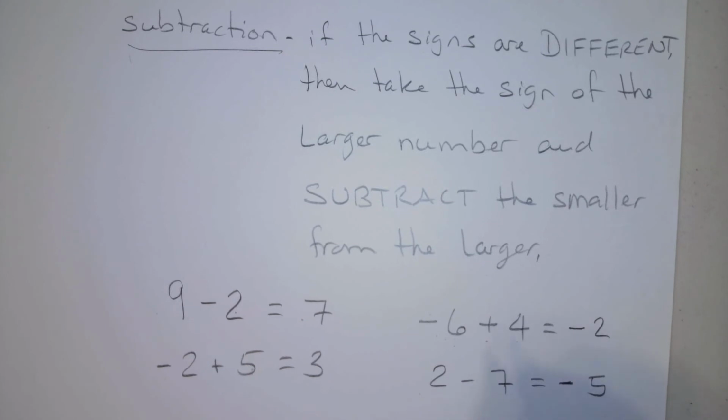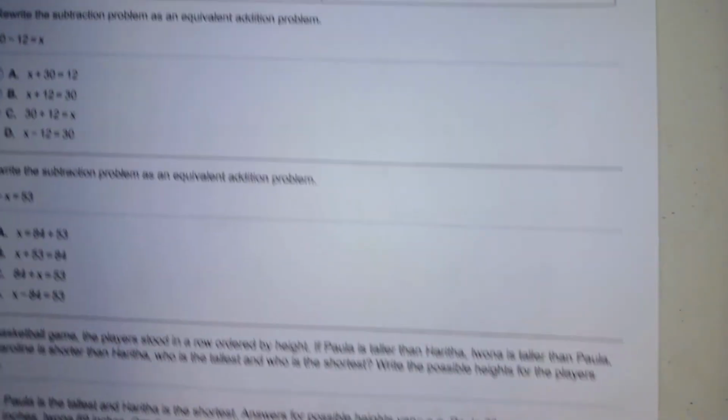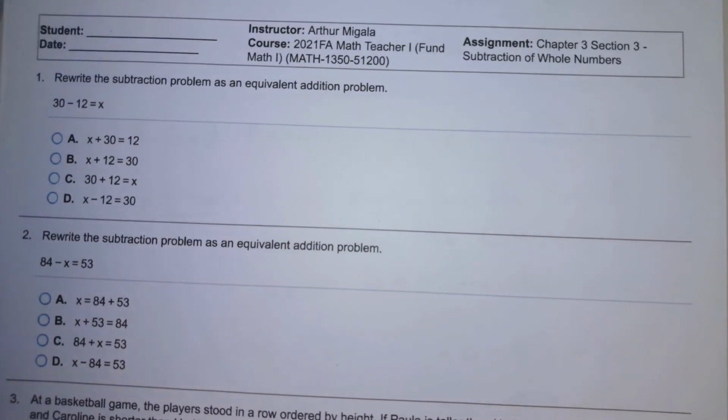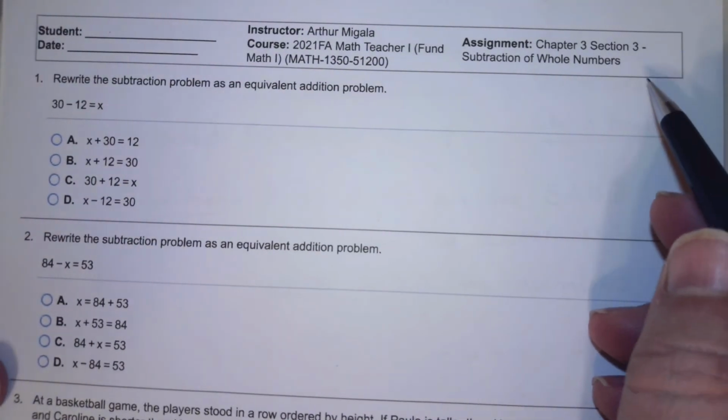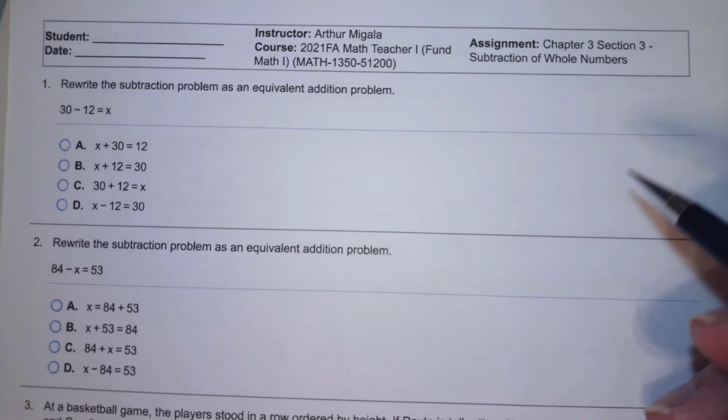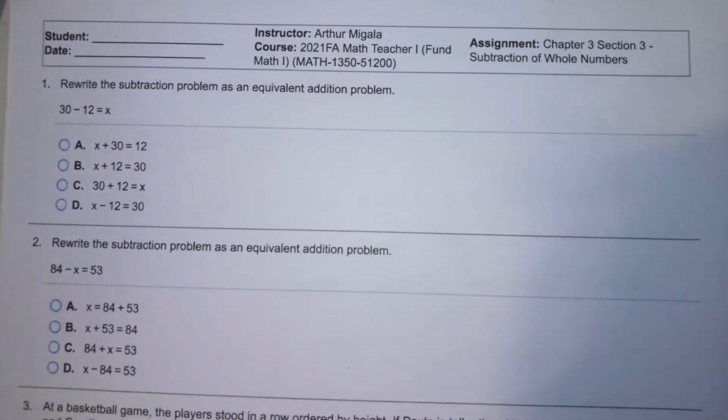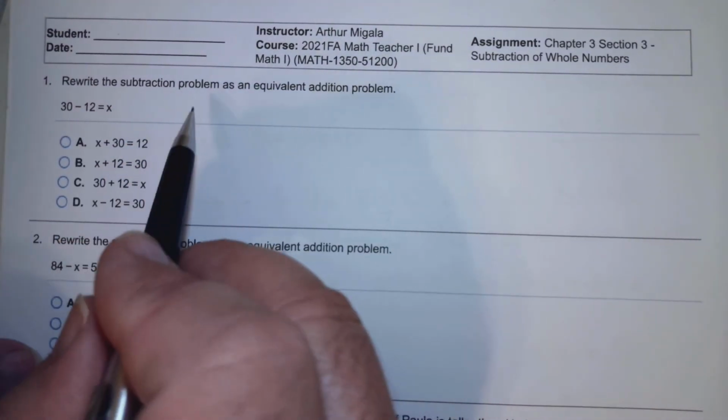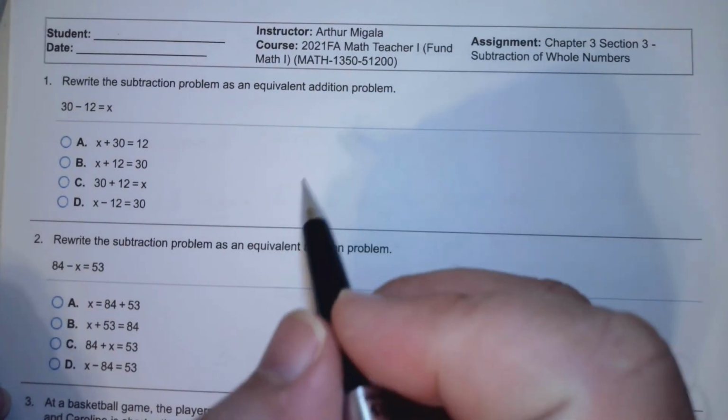All right, let's look at the homework problems. Chapter 3, Section 3. Subtraction of whole numbers. Rewrite the subtraction problem as an equivalent addition problem.